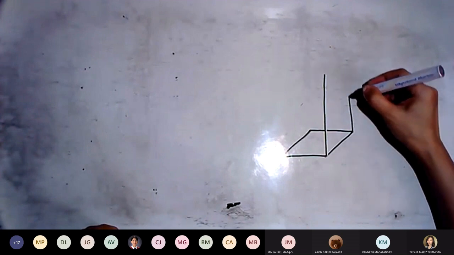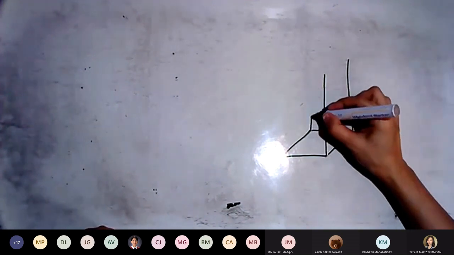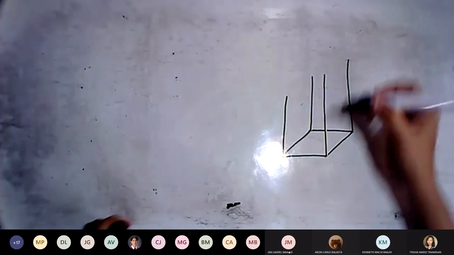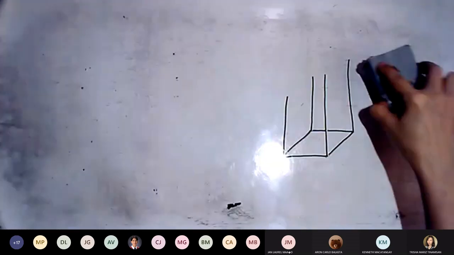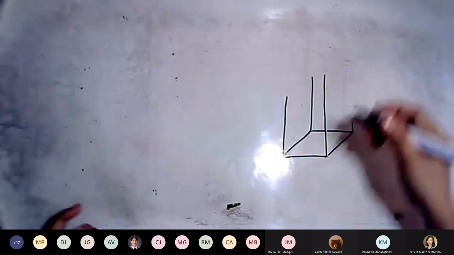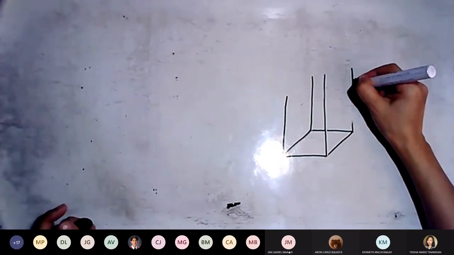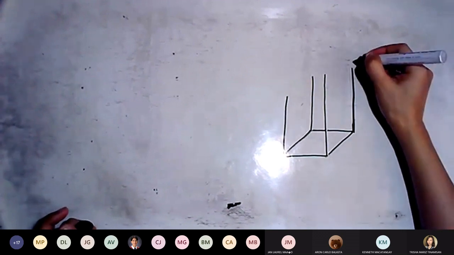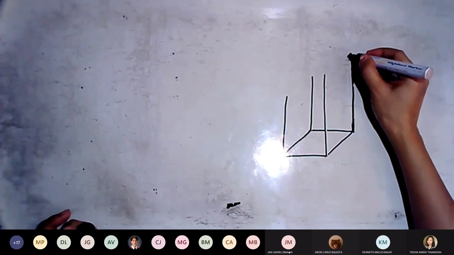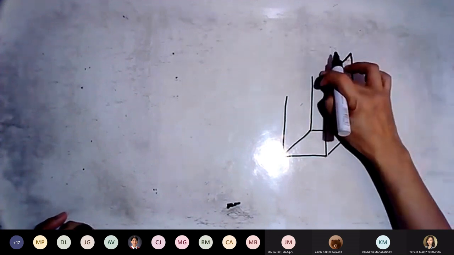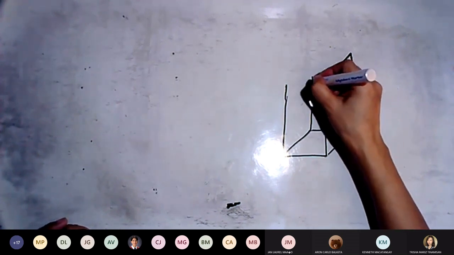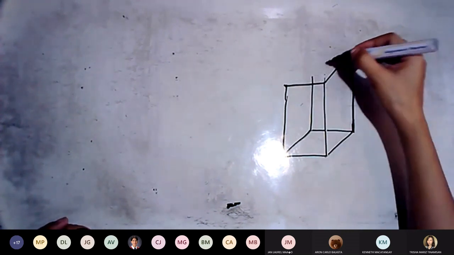A regular square prism, meaning the base is a square, so all sides are equal.